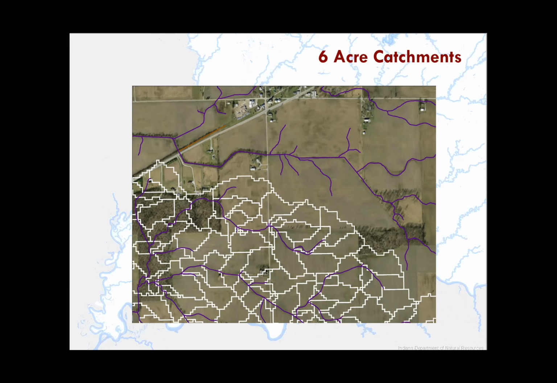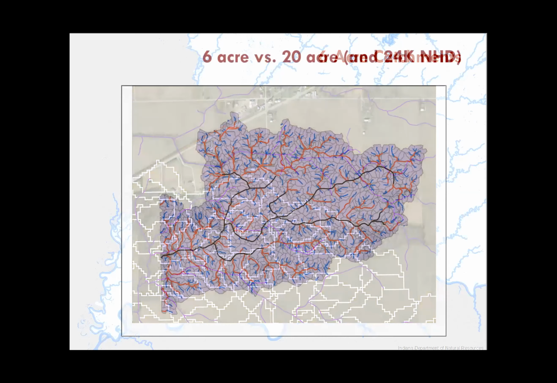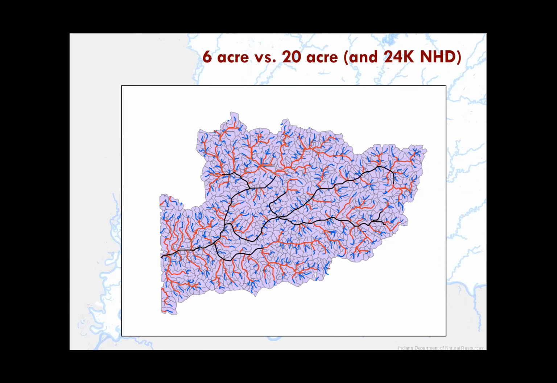But going to the next slide, you can see the difference between a 6-acre catchment limit and a 20-acre catchment limit, and what was actually in the 24K NHD originally. So the black line is the original NHD lines from prior to the project.